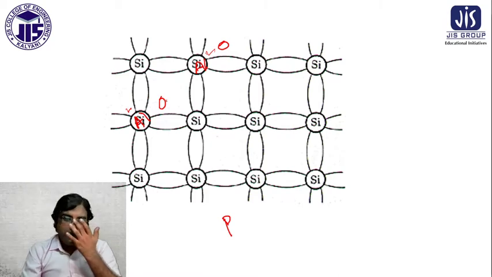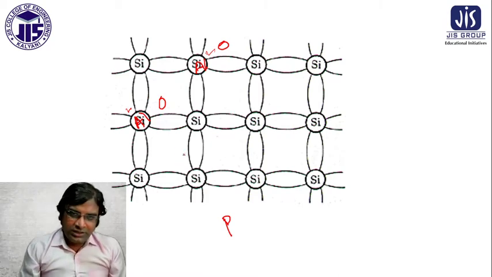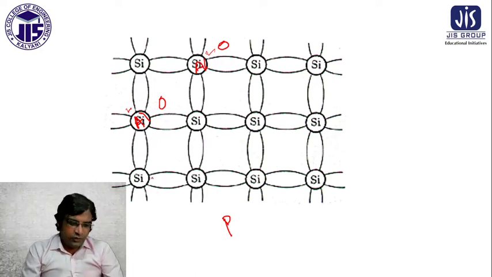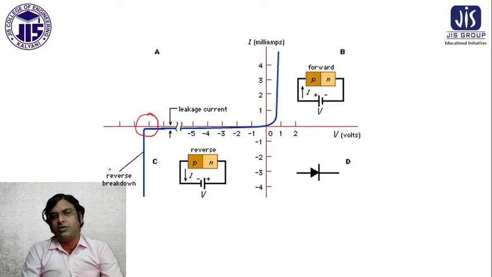Now, what is our target? Our target is that I have to reach this particular voltage in the reverse bias. How can we reach this particular voltage?